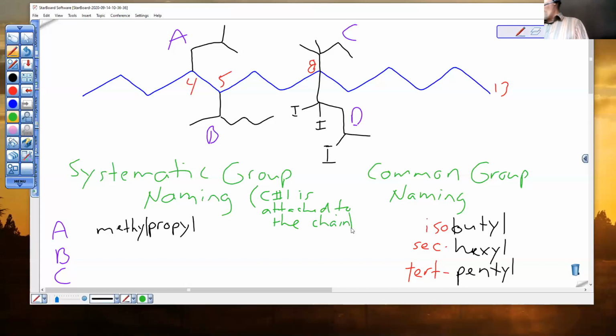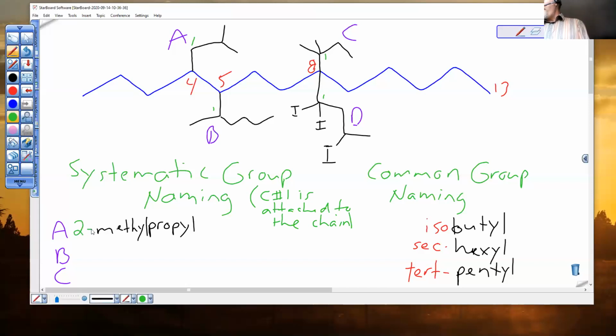This is not start where you want to. This is start where the system says you start. So in this group, carbon 1 is there. In this group, carbon 1 is there. In this group, carbon 1 is there. In this group, carbon 1 is there. That puts the methyl on carbon 2 in group A.